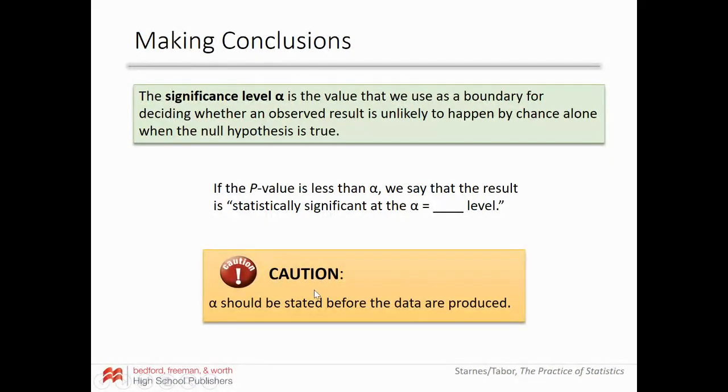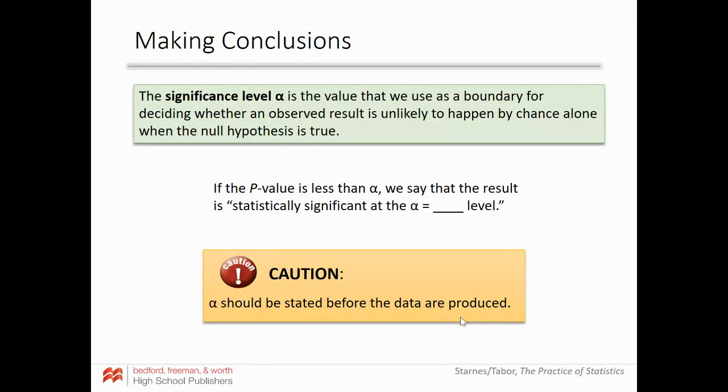And again, we should choose our alpha level before we start doing our data collection and proceed with conclusions, because that's going to change. What happens if your p-value was 0.06? Then someone might say, oh, I'm going to use my alpha value of 0.1, because then 0.06 is less than alpha 0.1, so I get to reject.